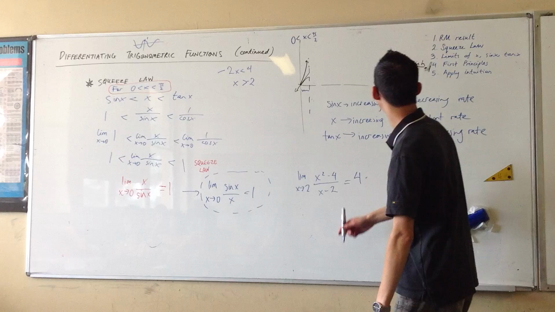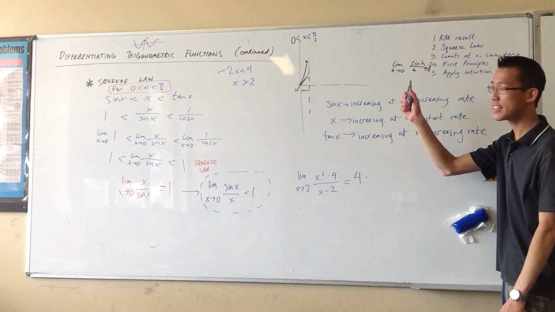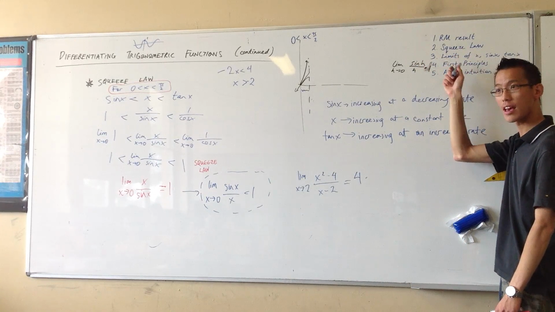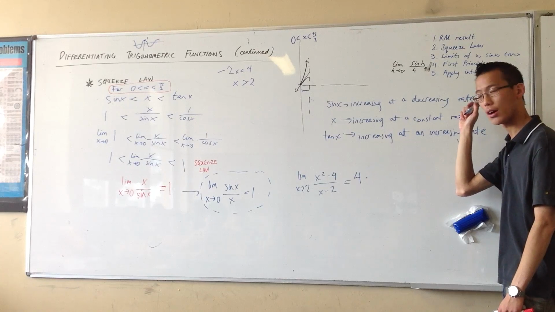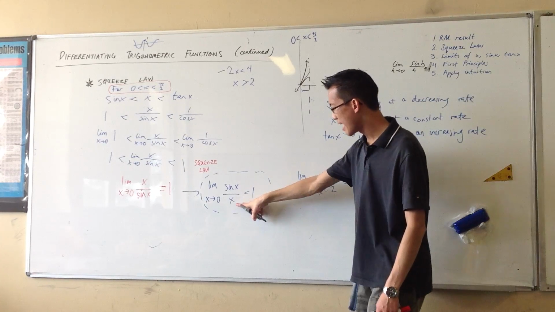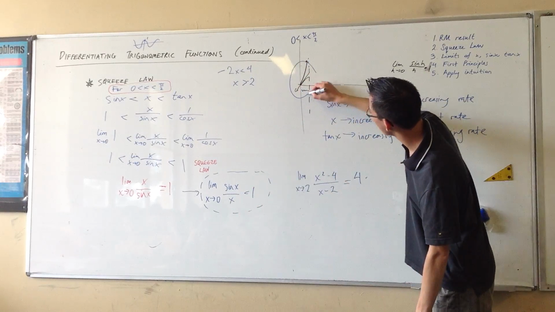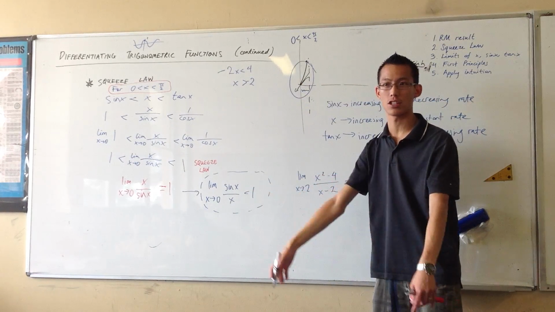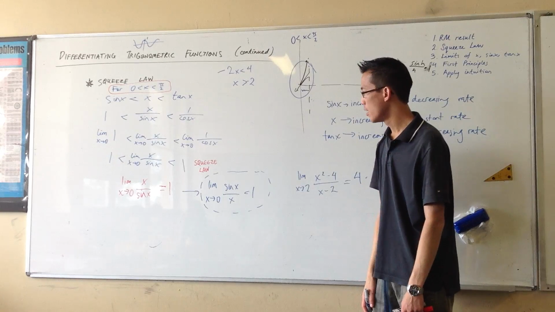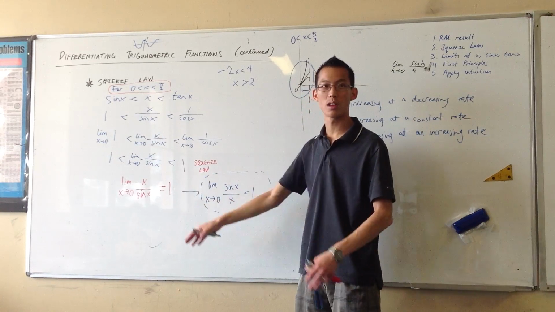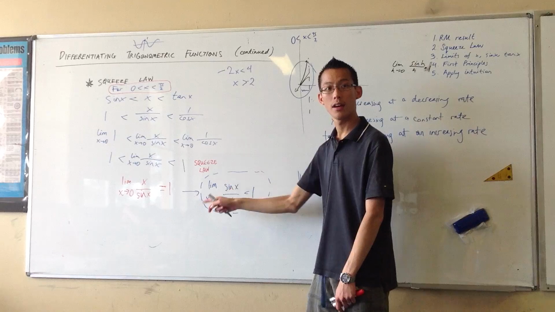Okay? Now, I said here that 3 is limits of x and sine x and tan x as well. Okay? Because x and sine x and tan x, they're all converging toward the same value. So I've got a lot of different combinations for how I can say this limit.